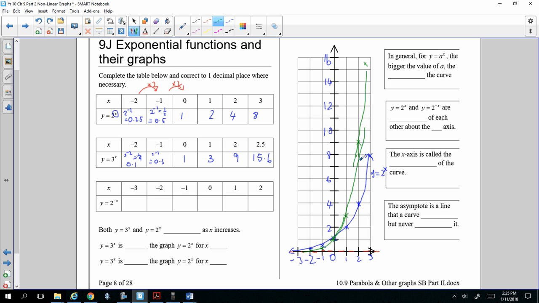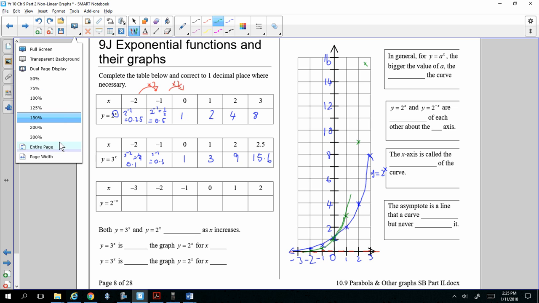It's hard to draw. Let me rub this off. Alright, let's try again. Maybe this time I'm going to make a bigger view. Let's look at it closer. Maybe that will work.